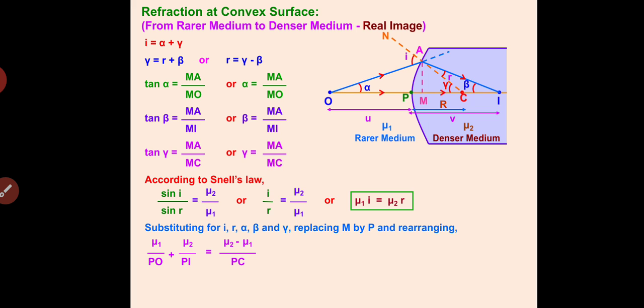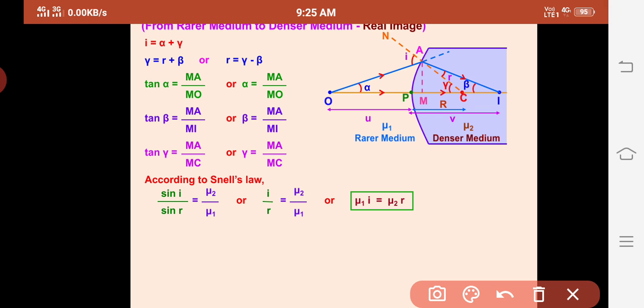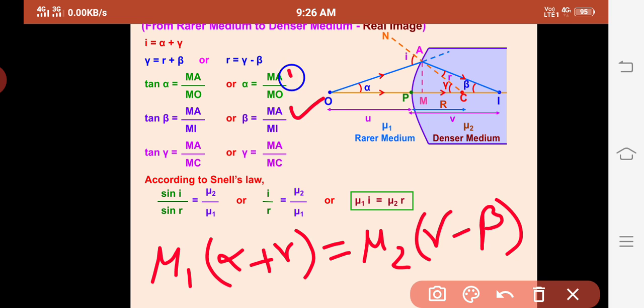I will try to explain this. Look here. First we substitute the values of I and R in this equation, so we can write mu1 into alpha plus gamma equals mu2 into gamma minus beta. After that, substitute the values of alpha, beta and gamma in this equation.